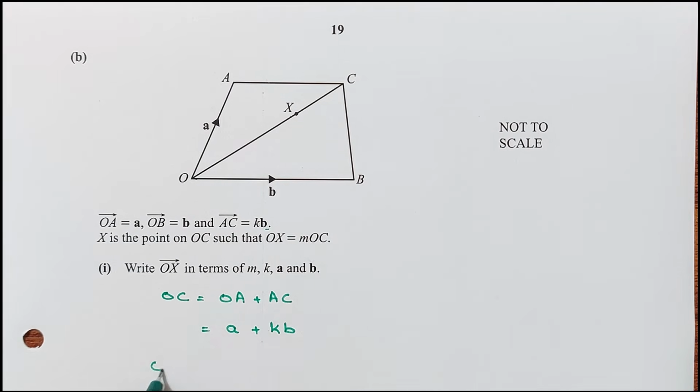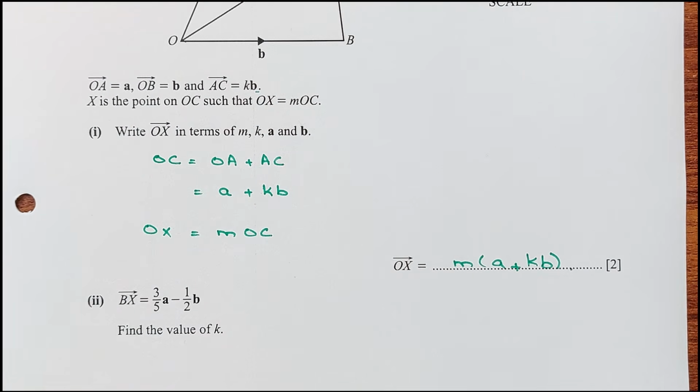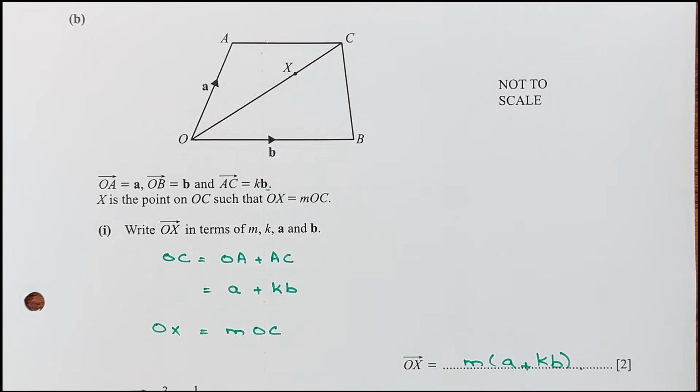Now OX is M times OC. So M times A plus KB, right? Now for the second part, we have given BX, find the value of K. All right. So we have to solve for BX.